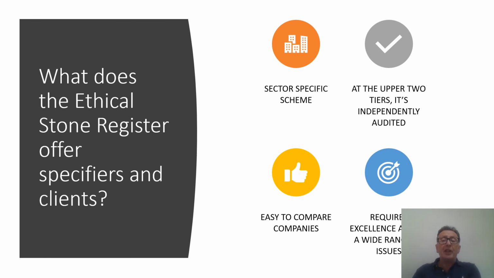The upper 2 tiers are independently audited, and we would consider they give greater levels of confidence to clients about the supply of those materials. The system itself makes it easy to compare companies, and it allows natural stone to be considered with regards to these key and essential elements of production and supply.